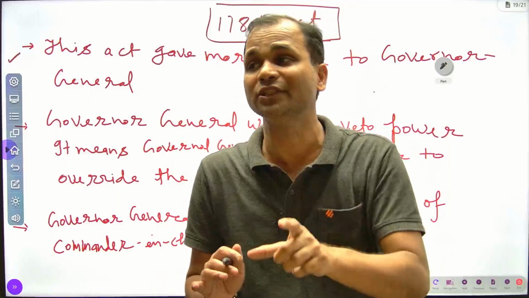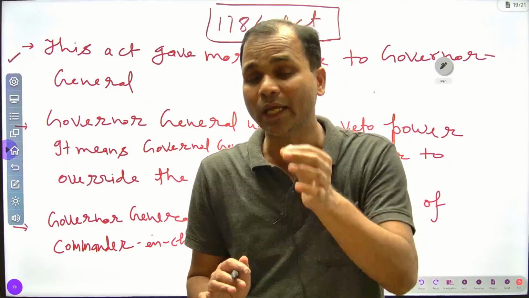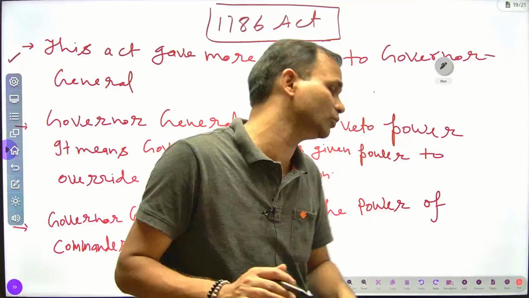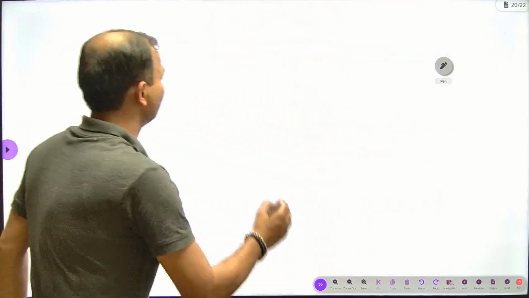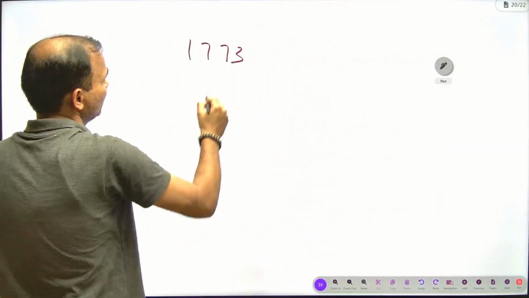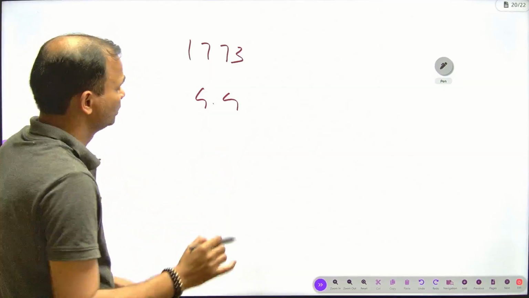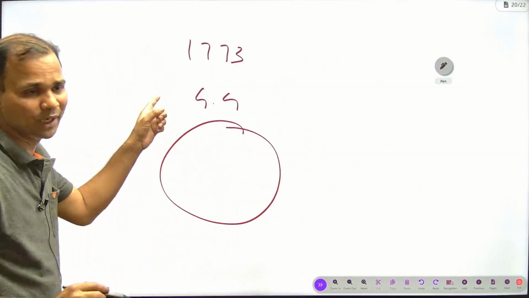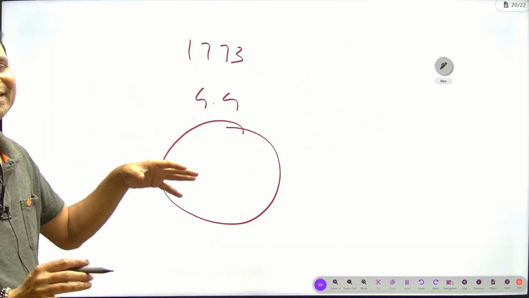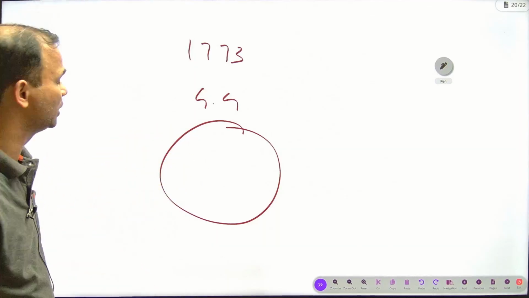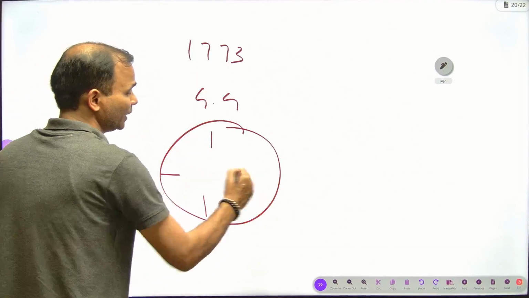First, pay attention to the basic thing: the Executive Council. What was the Executive Council? In 1773, the Governor General was appointed in Bengal, and there was an Executive Council under the Governor General to advise him, as you know very well.